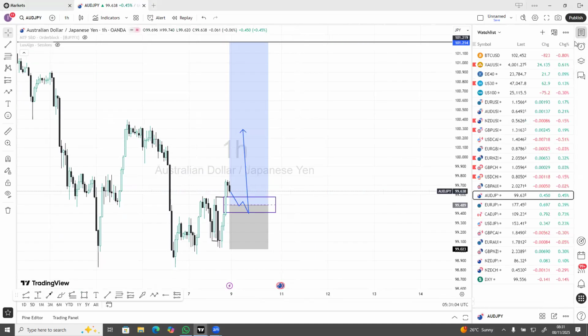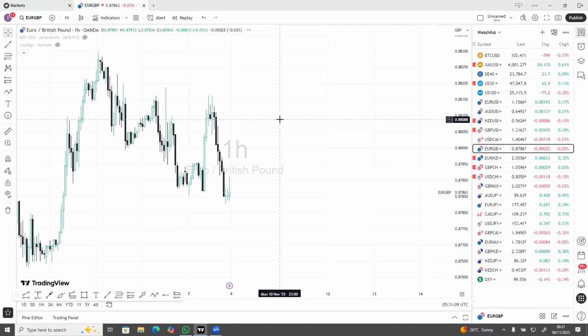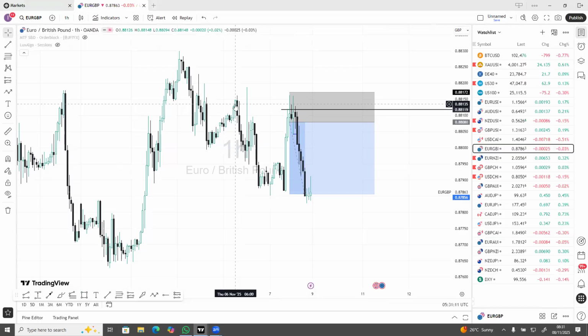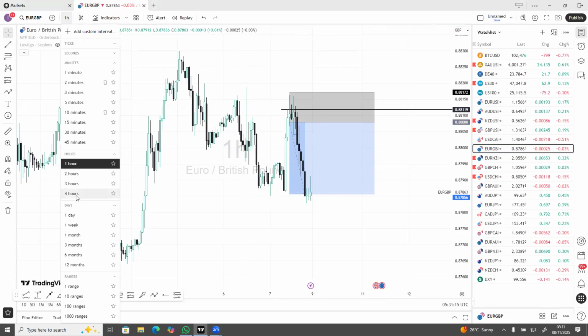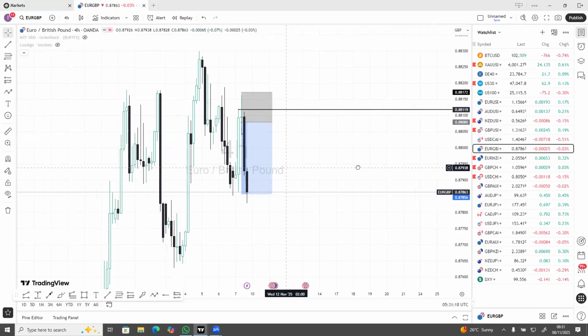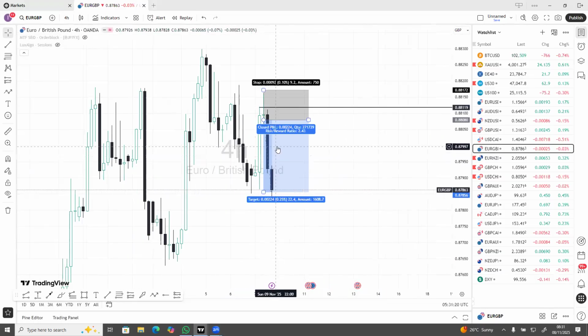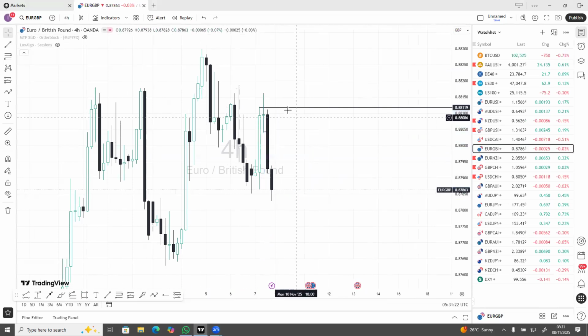Another pair we can see is Euro JPY. On Friday on Euro JPY we executed a short position. Very, very good CRT model.